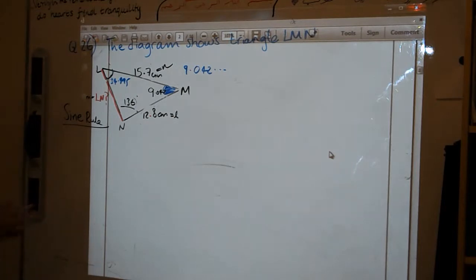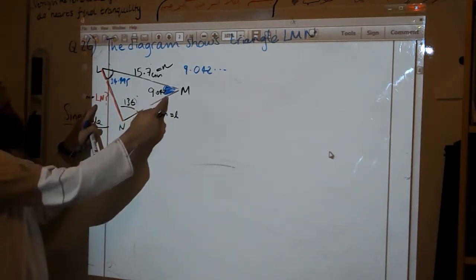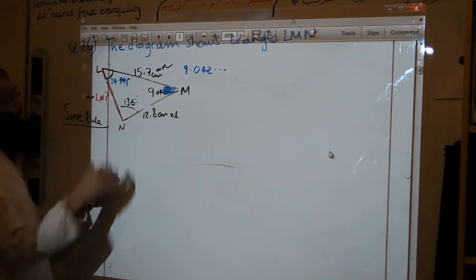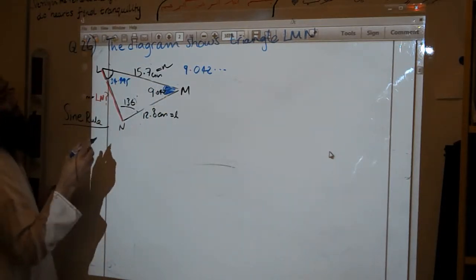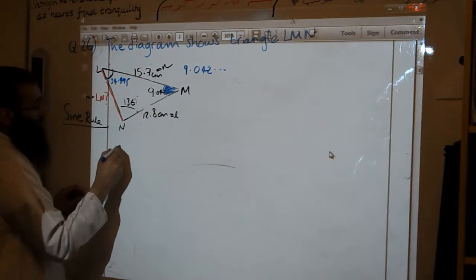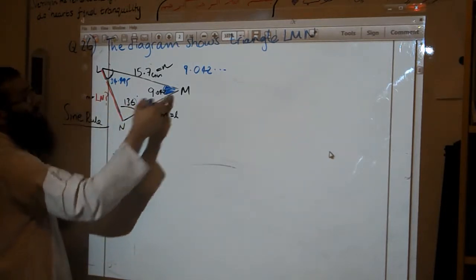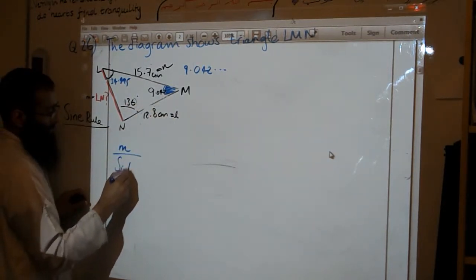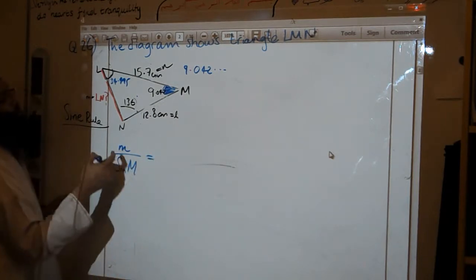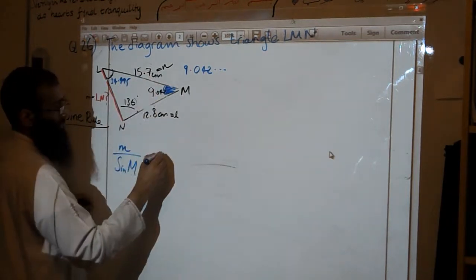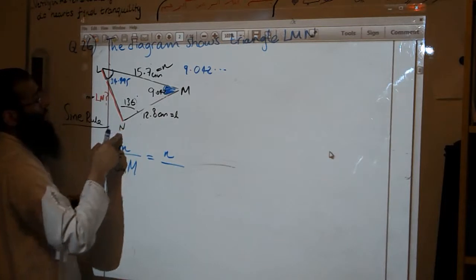Okay, here we go. Right, now we've got to work out ln. Can we work it out now? Yeah. We know with this angle, we can grab that side as well. Let's do it now. So we say here now, m over sine m is equal to little n over sine n.